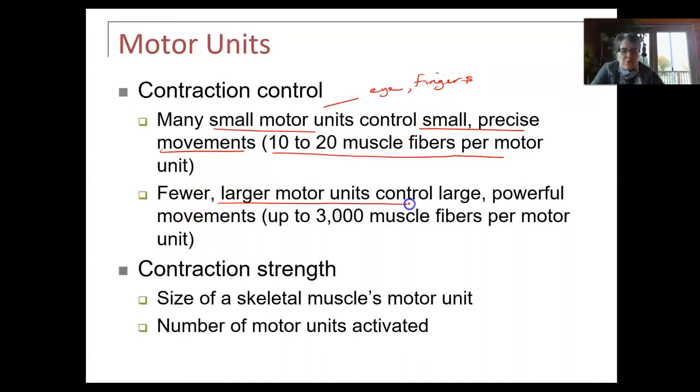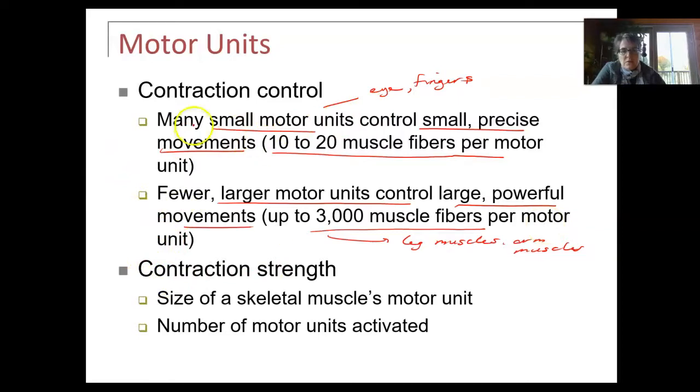If you have larger motor units, like we have up to 3,000 muscle cells in a motor unit, that's going to have large, powerful movements. It's going to be places like your leg muscles, quadriceps, and even your arm muscles, right? They're not super precise.